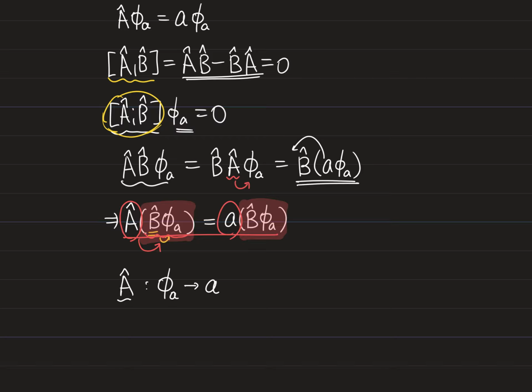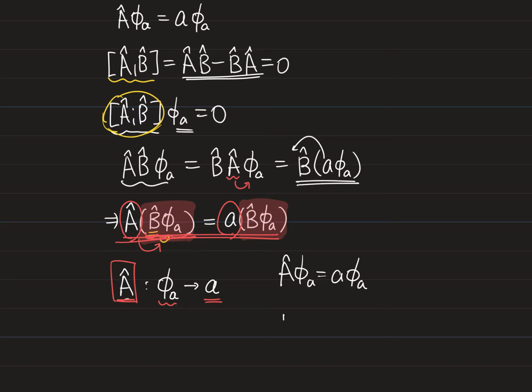So that means this function in the red box should be just PA multiplied with some arbitrary constant, because the operator A should have the PA corresponding to eigenvalue a, and this equation exactly looks like something like this, right?